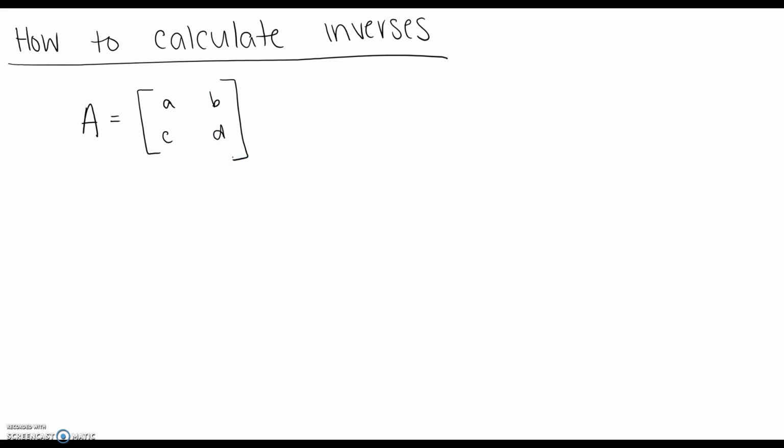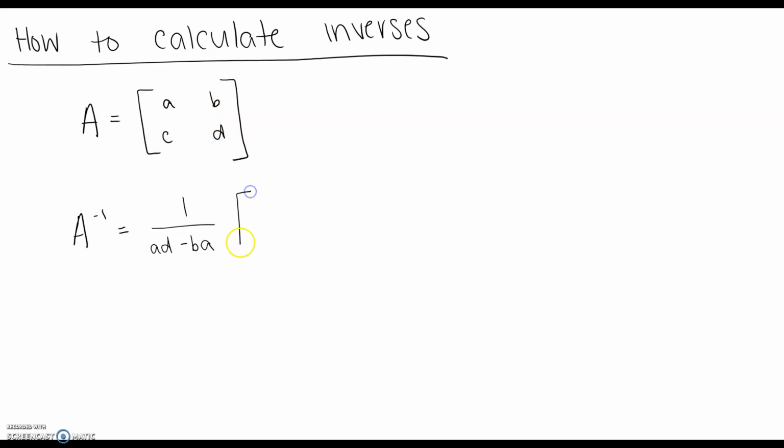What you're going to do to find the inverse is you're going to take the determinant, which is 1 over AD minus BC, so the diagonals, AD minus BC.